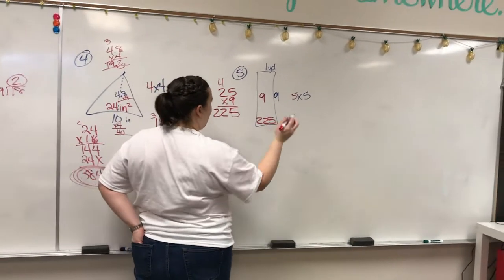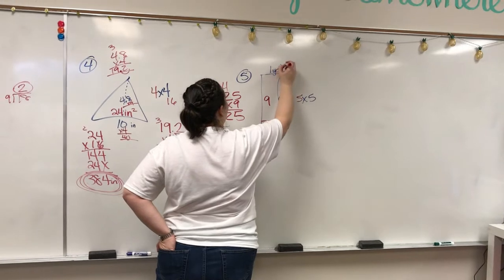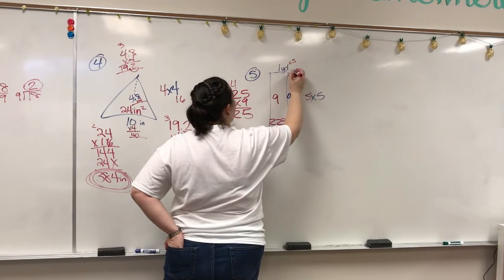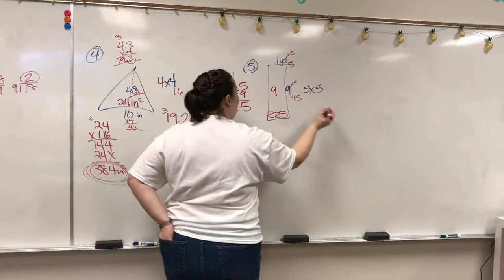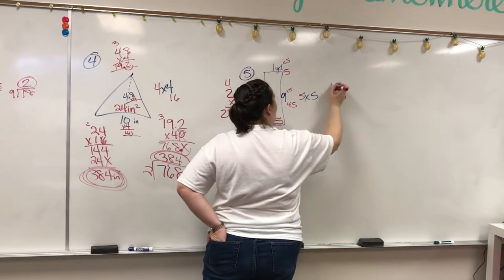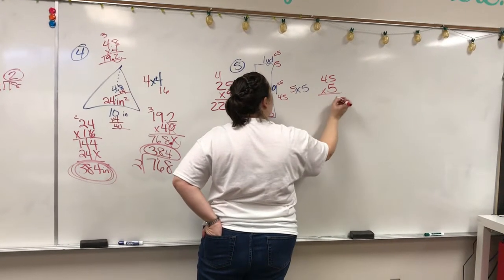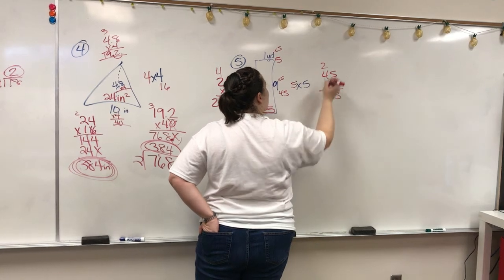Okay, second option, times 5 times 5. My new answer is 5 and 45. Multiply 5 and 45.